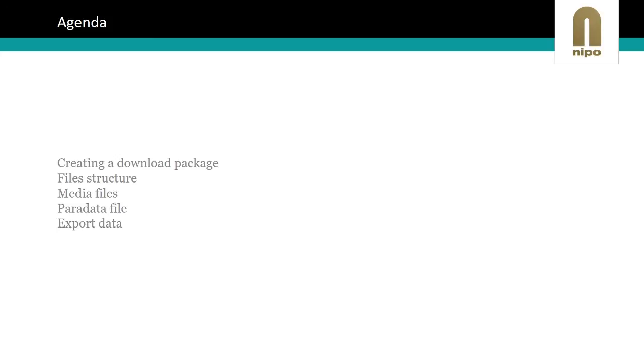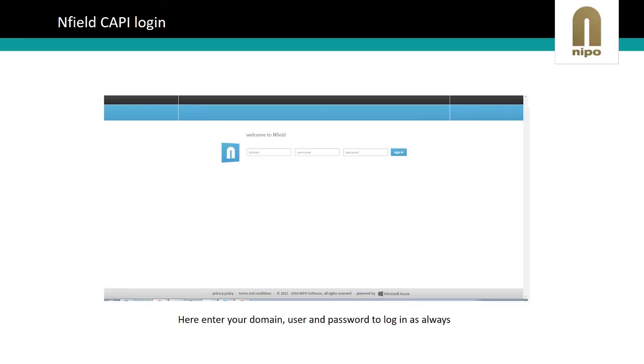First thing, of course, to download the data, you will need to access our online Nfield Manager. You need to go to your browser with your domain user and password and log in there. Then you will go to your project.